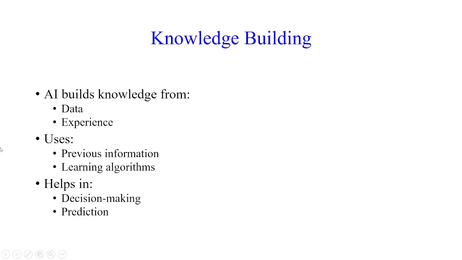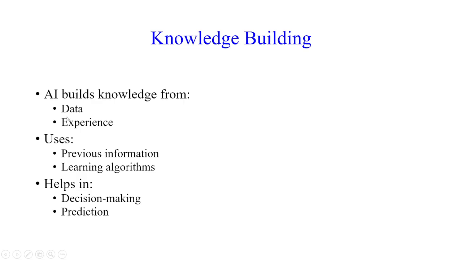Next, we'll discuss knowledge building. What does knowledge building say here? It talks about how AI knowledge can be built from data and experience. It uses previous information and learning algorithms for decision making and predictions.